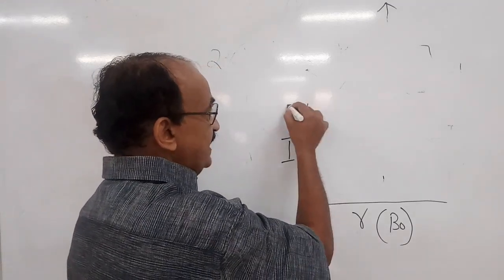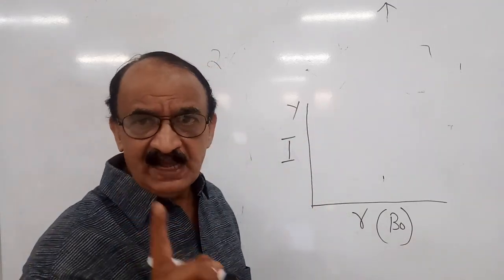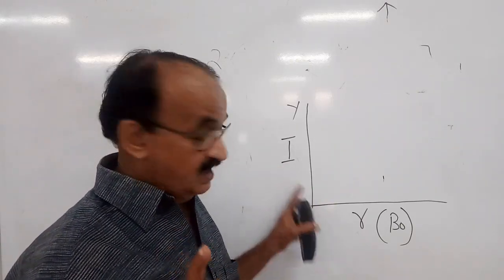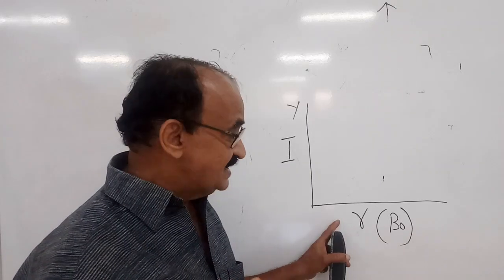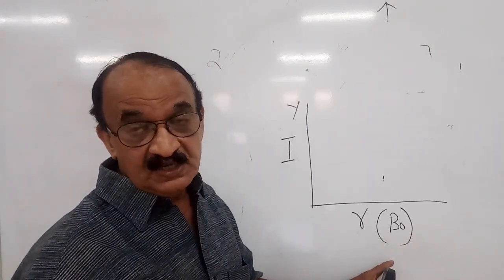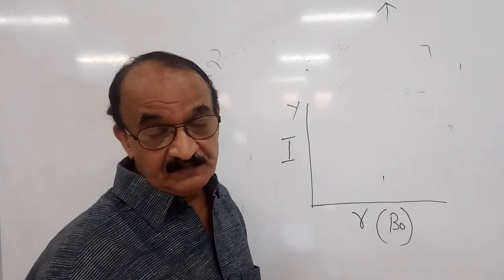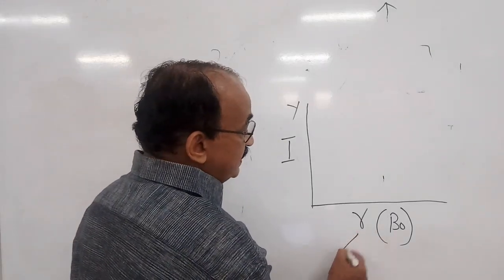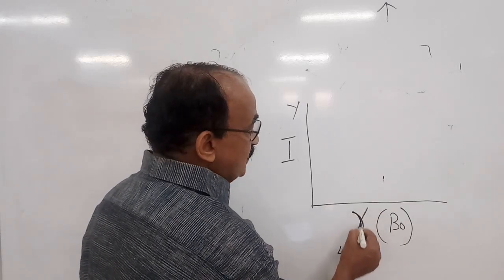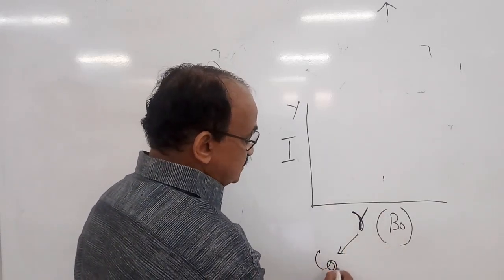So in the y-axis there is only one parameter, that is the intensity of the signal, and in the x-axis we can have either the frequency or the field strength. So we want to keep one as constant. Now we can keep the frequency as constant.